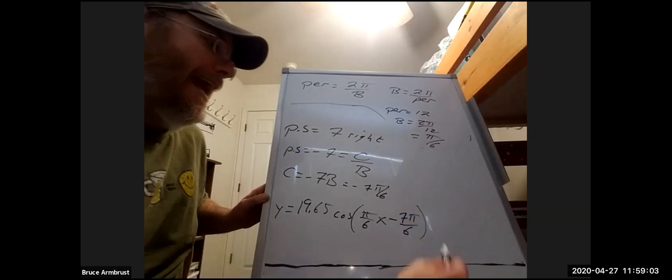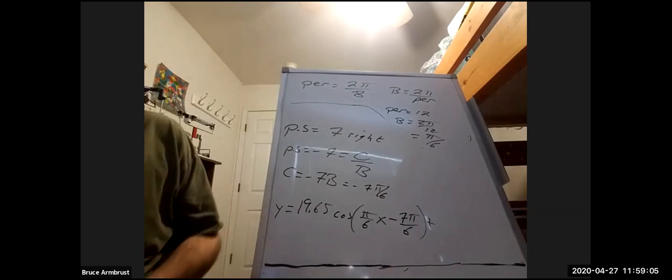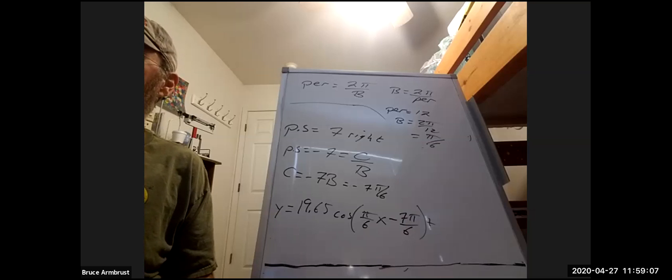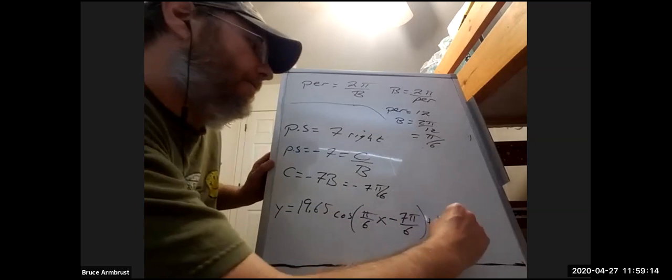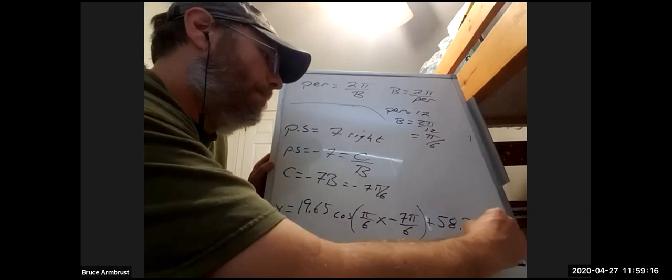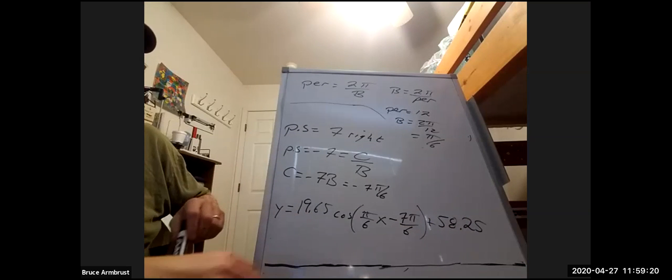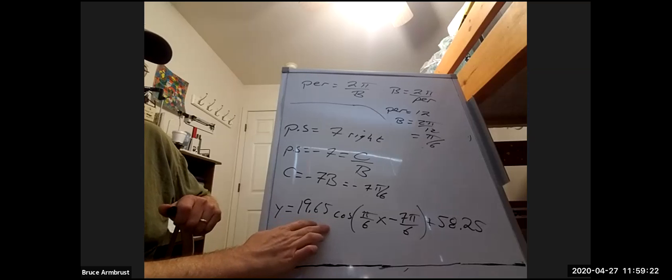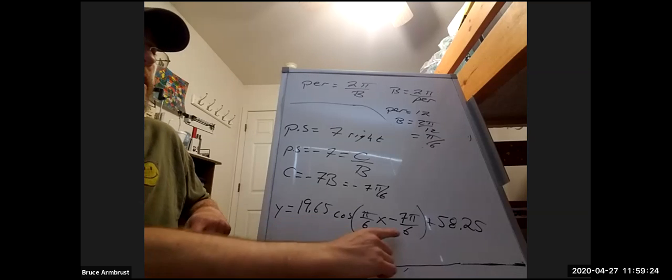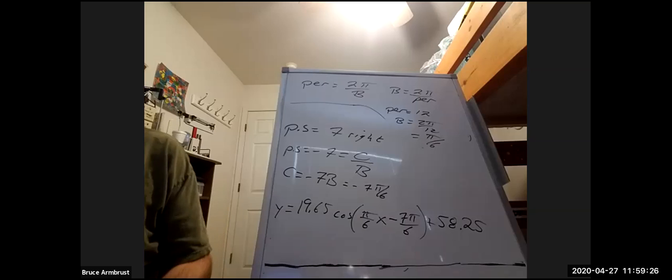And then I'm going to add to that the vertical shift, which I've forgotten now what that number was. It was 58.25. So the only difference between this and the one that we just graphed is it's going to be shifted over 7.